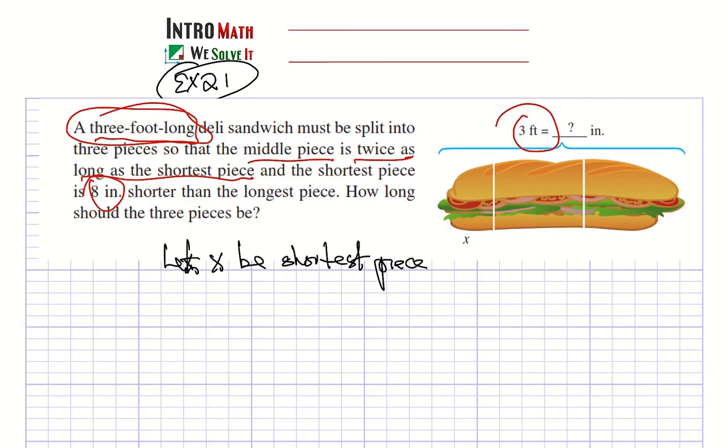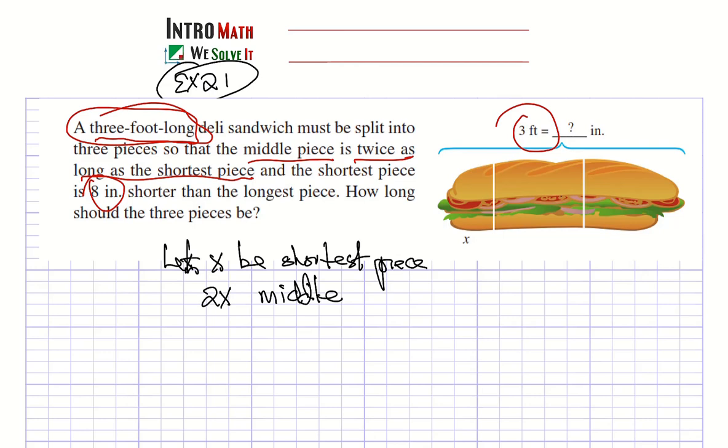If that's the case, the middle piece is twice as long, so that's 2x, the middle piece. Try to cut through all the words, and you should be fine.